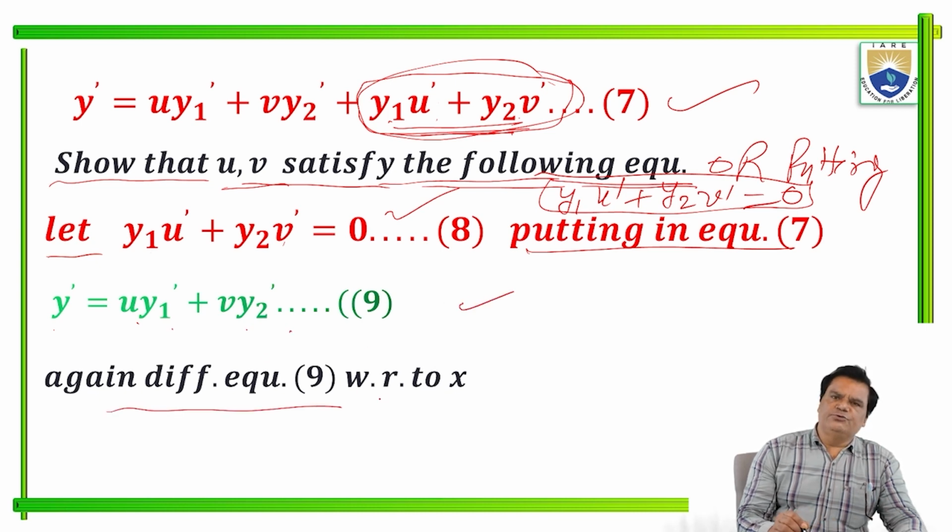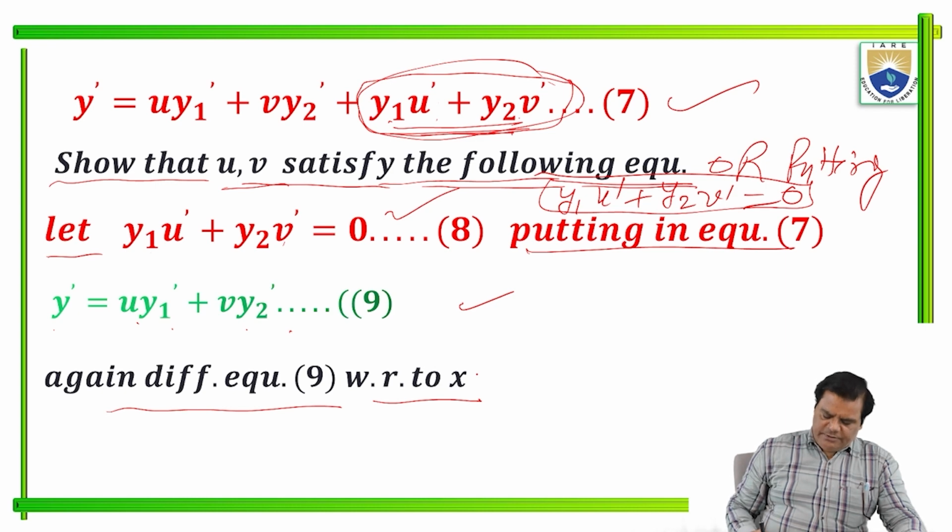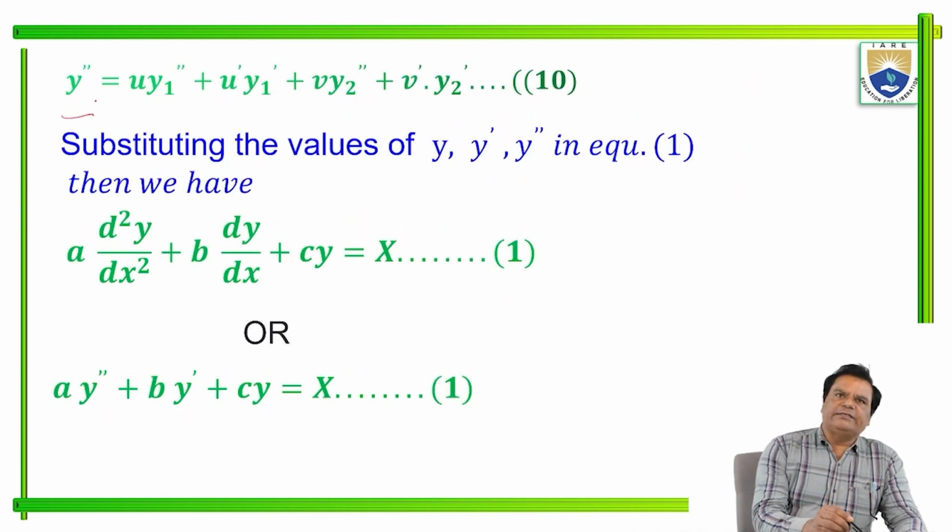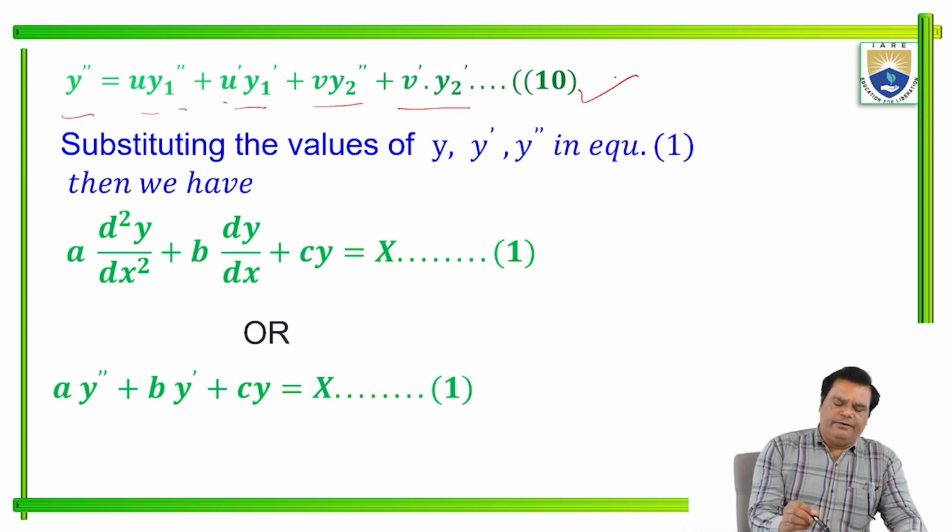Again differentiating equation 9 with respect to x, we get y double dash equal to u y1 double dash plus u dash y1 dash plus v y2 double dash plus v dash y2 dash. This is equation 10.